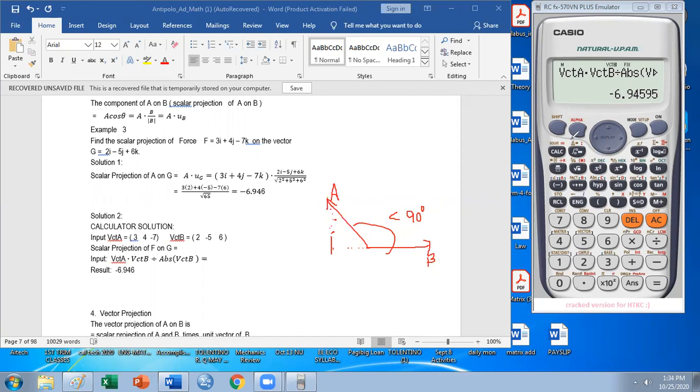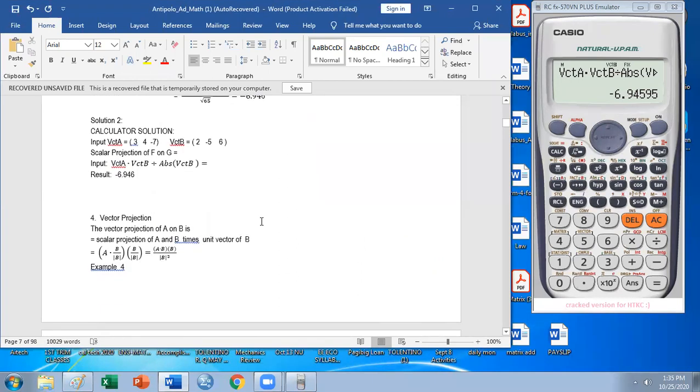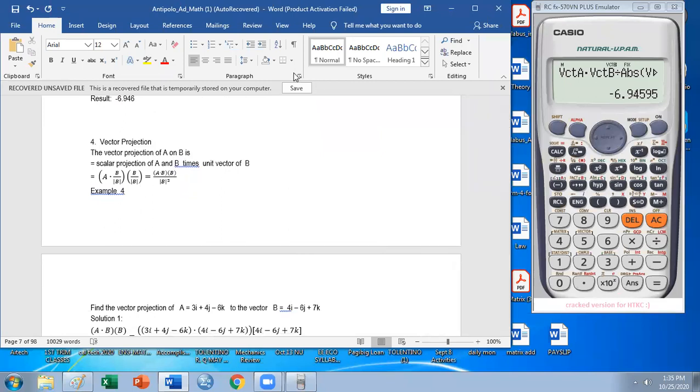When we say vector projection, again I get the scalar projection. Say this is vector A and this is vector B. Its scalar projection is, I will project it somewhere there. This is A dot UB, unit vector B. But remember, that is a scalar.